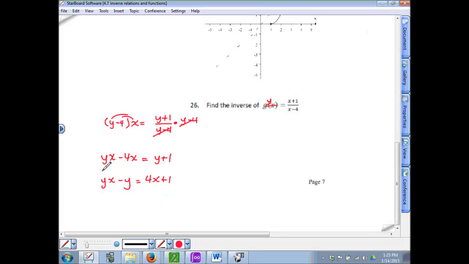The reason for collecting all the y's on the same side is each of these terms now has a y that's a common factor, so you can factor it out. You have y times (x minus 1). So we have a single y now, and it's multiplying this x minus 1 factor, so you divide by it.